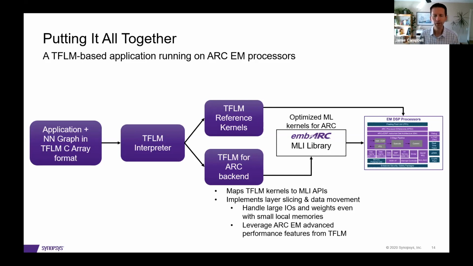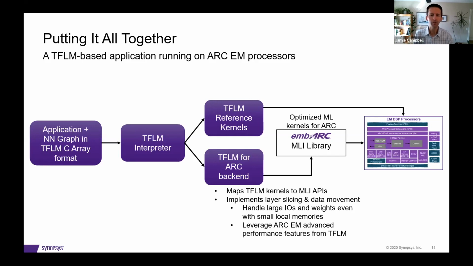Now, the other thing that our backend can do is implement what we call layer slicing and data movement. So this kind of goes back to Ravi's question a few minutes ago about the sizing of those fast local memories on the target. As networks become more complex, your weight sizes grow, your IOs get bigger.